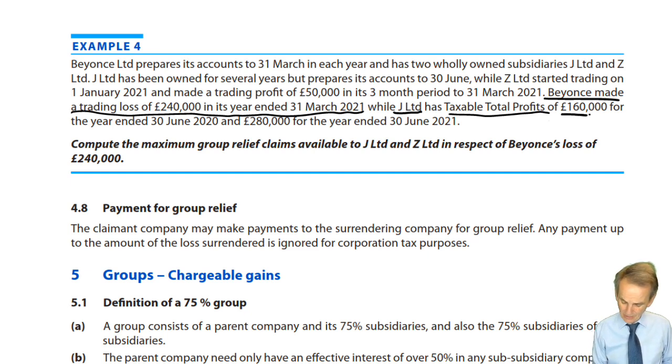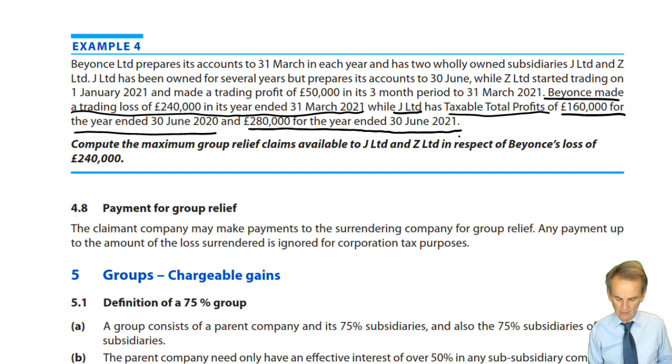It had £160,000 for its year ended 30th of June 20 and £280,000 for its year ended 30th of June 21 there. So we've got to look at what are these coterminous periods. For that, I suggested that you put together a little diagram. Let's see how that little diagram has now been constructed.